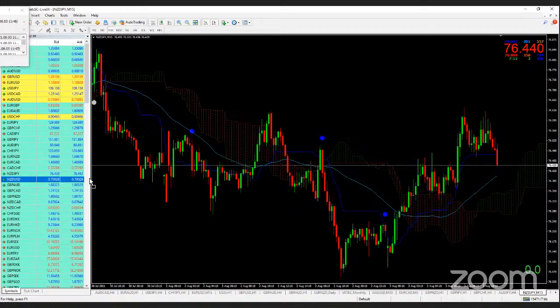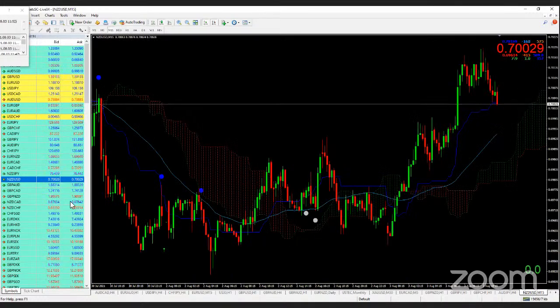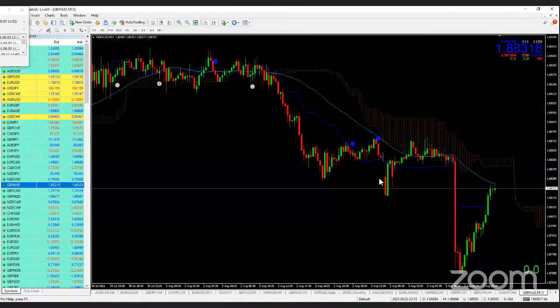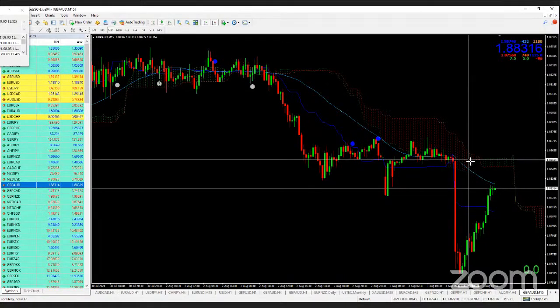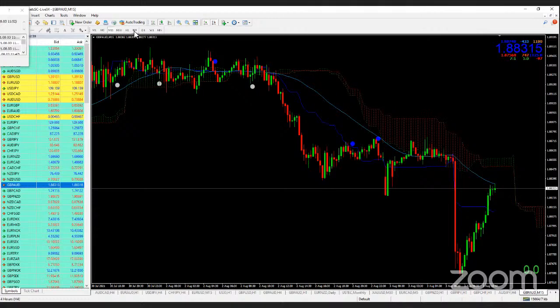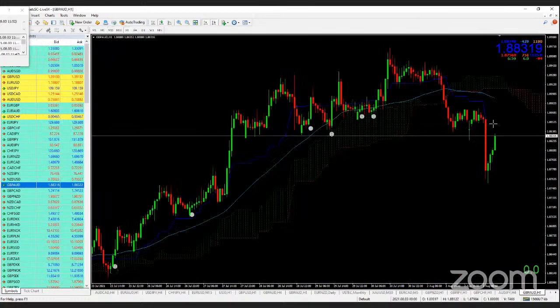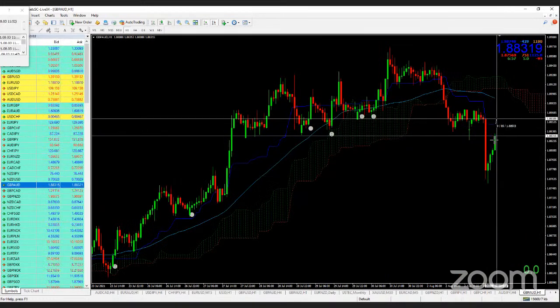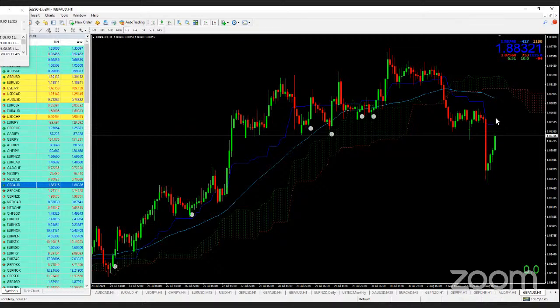Okay. Look at that massive bearish candle. That was from last night's Aussie news. And guess what's happening now, guys? We are basically going back, filling that candle.